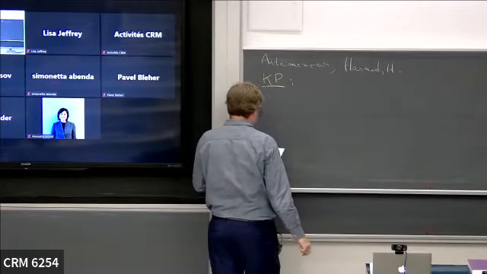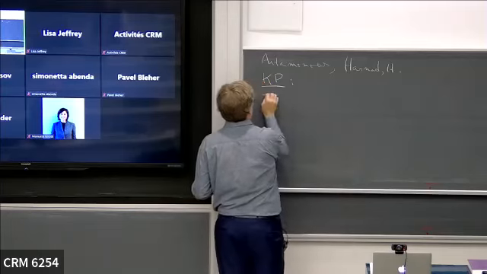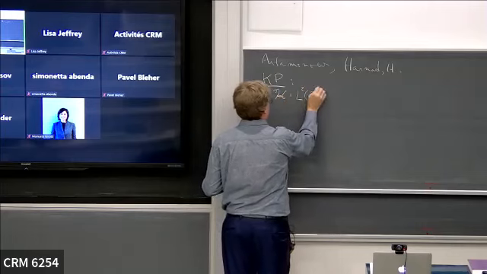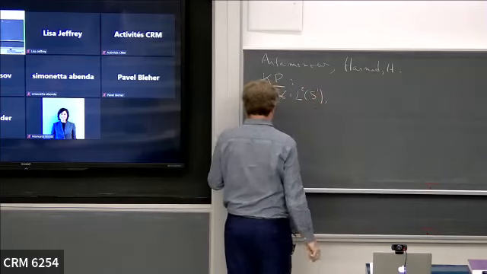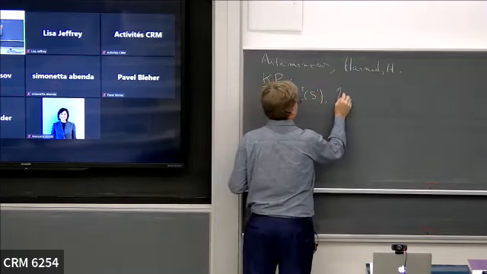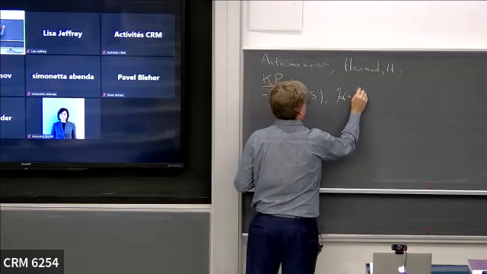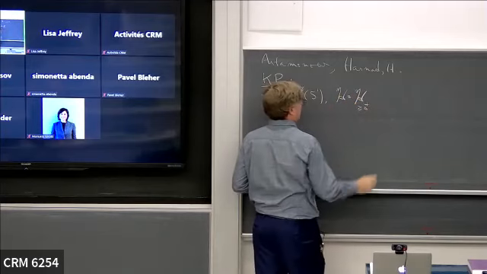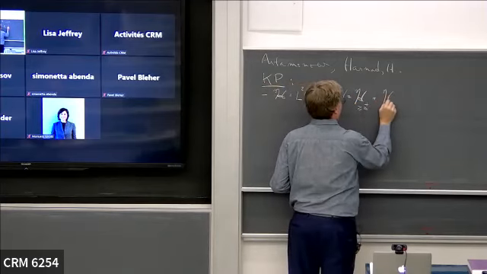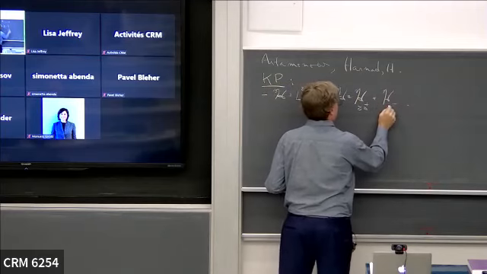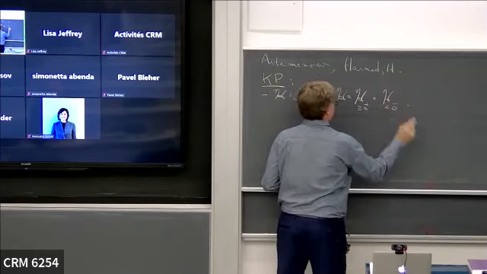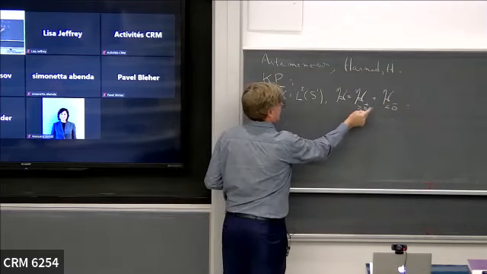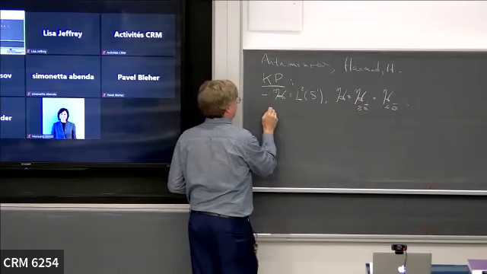So the first thing is you have a Hilbert space H, which splits into two pieces, sort of positive frequency and negative frequency. So this is power series in z or Laurent series, and we've got positive and negative bits.